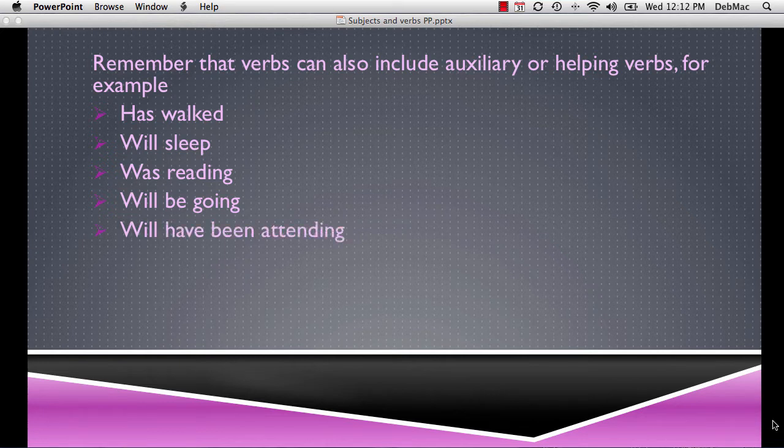Will have been attending. The helping verb is will have been, 3 words. Could have learned. The helping verb is could have. Did work. The helping verb is did. It's important to keep in mind that helping verbs are considered part of the verb.